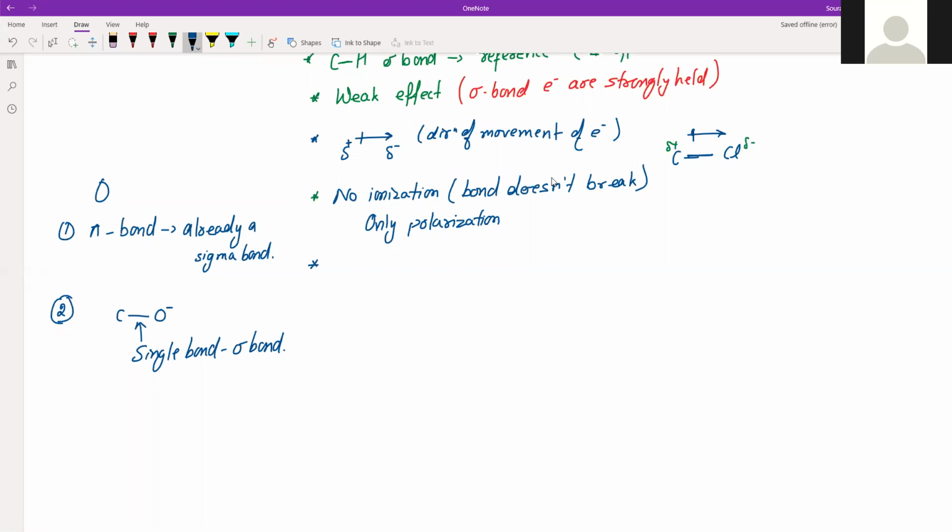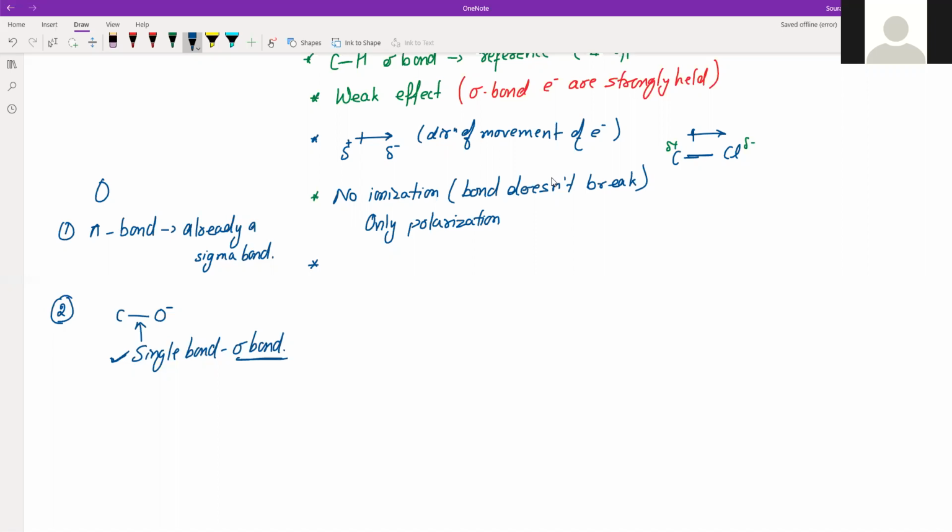You are talking about hyperconjugation, which we have not yet discussed, but even if that happens, then obviously there is no place for the I effect at that time. But right now, when no double bond is formed between carbon and oxygen, it is only a single bond, and that means only a sigma bond.